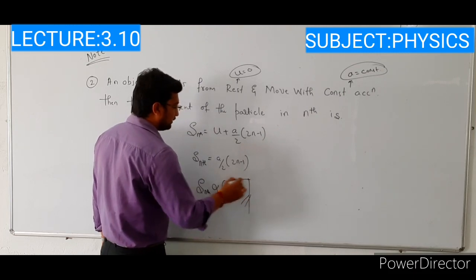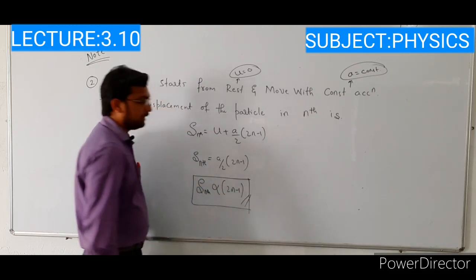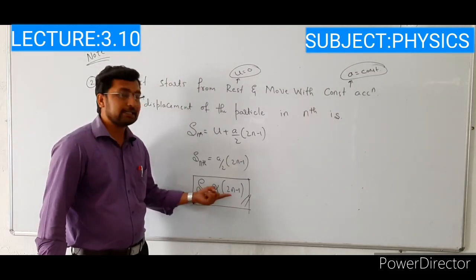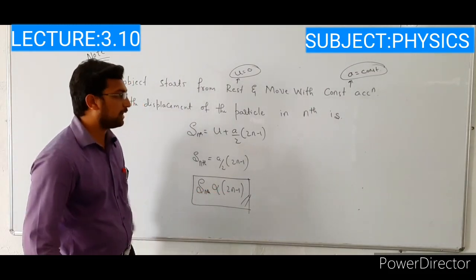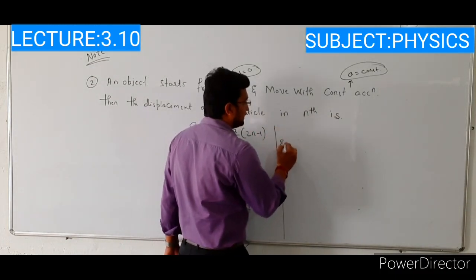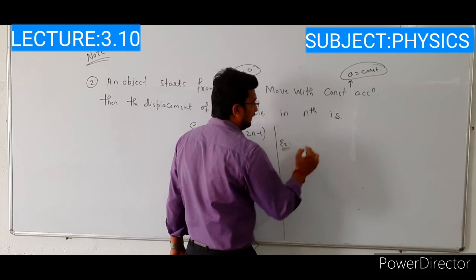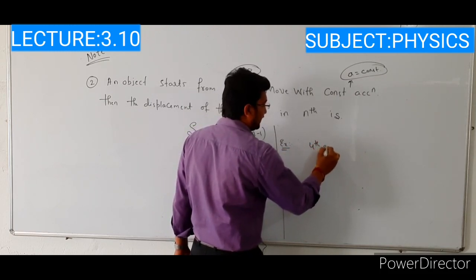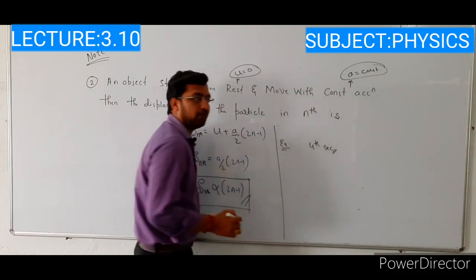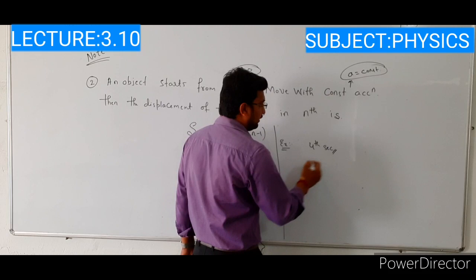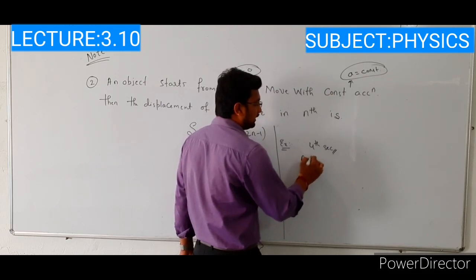So here n indicates the time. So for example, the displacement of the particle in fourth second. So then substitute here. Here n value is fourth second means n is equal to 4.